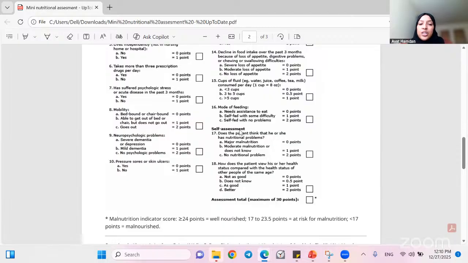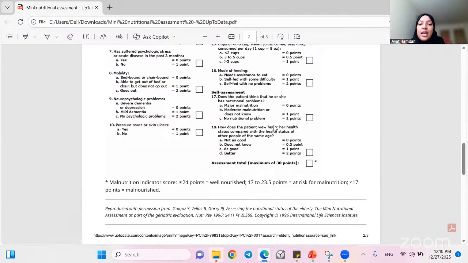The last question is the self-assessment. Basically you ask the patient, do you think you have a nutritional problem? And how would you rate your overall health? The maximum points are 30. Any points above 24 is considered good, and we don't need to do anything. We just need to review again at the 6 months visit.